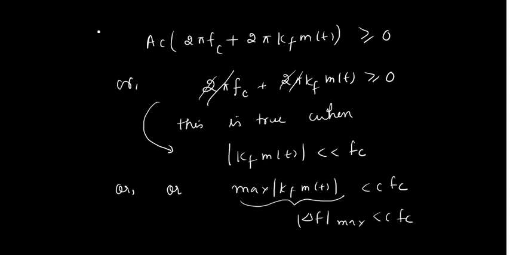So, if your max frequency deviation is quite less than the carrier frequency of the FM signal, then you can use the envelope detector for the demodulation of the FM signal. So, this point you have to notice. This is generally true, since the frequency deviation is generally quite less than the carrier frequency.